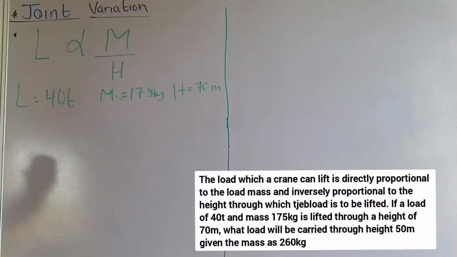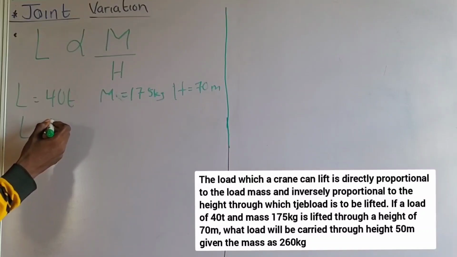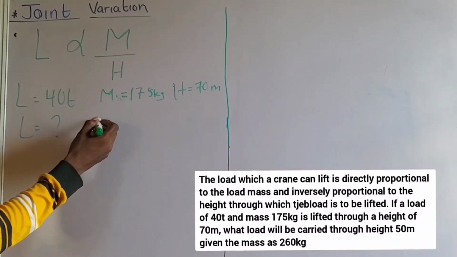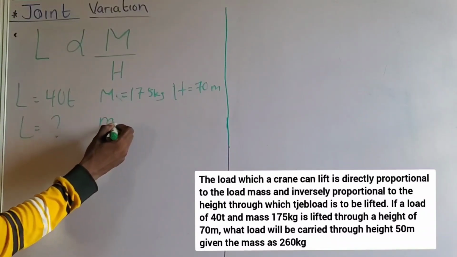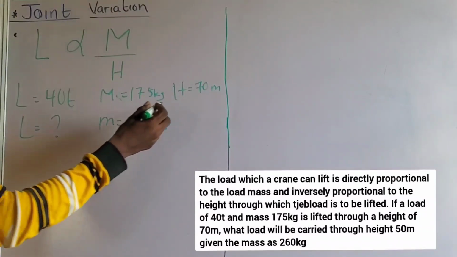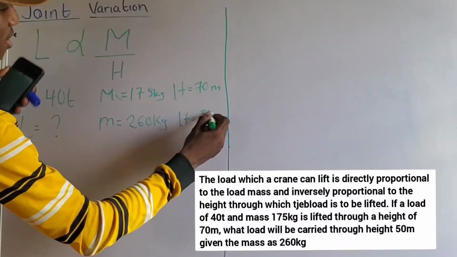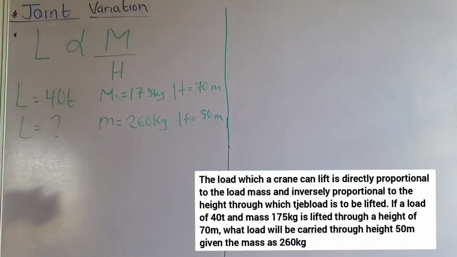We are asked what load will be carried through height 50 meters, given that the mass is 260 kg. We don't know the load. We are given that the mass is 260 kg and the height is 50 meters. So these are the parameters that were given in the question.